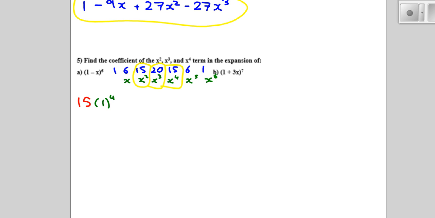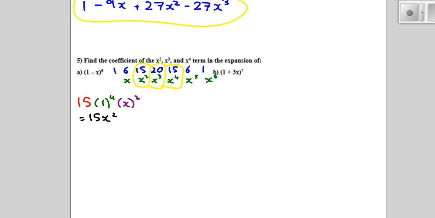Because this one's x squared, those two exponents have to add up to 6. You can just work out that answer. So that's an easy one. What's it going to end up being? You just get 15x squared. You'll be right.